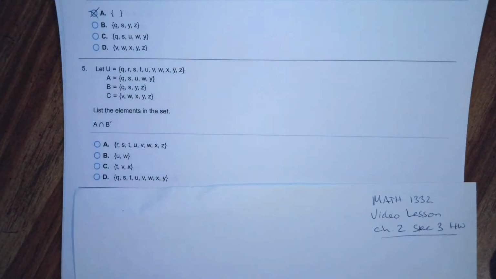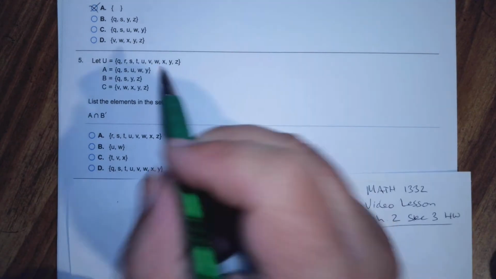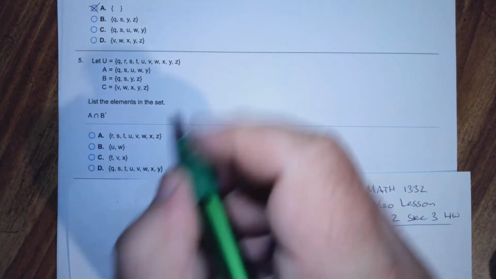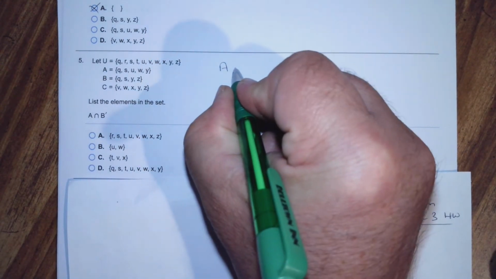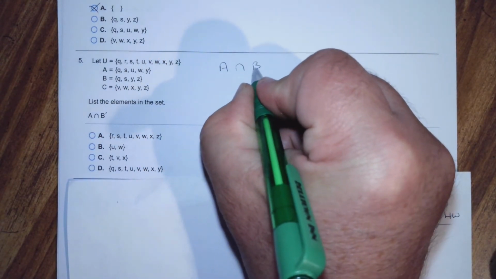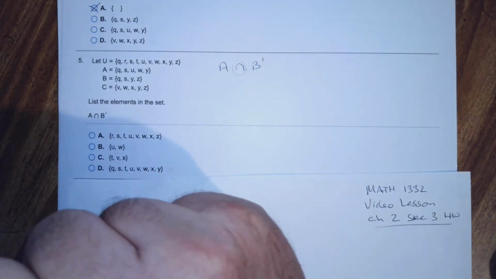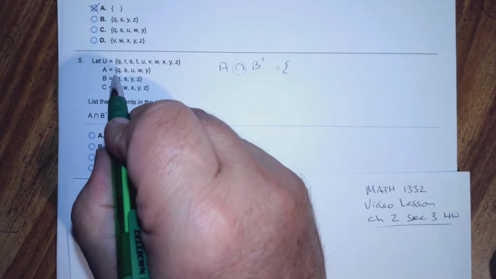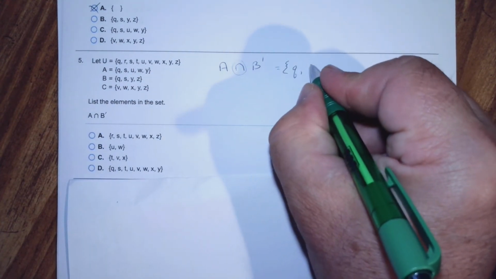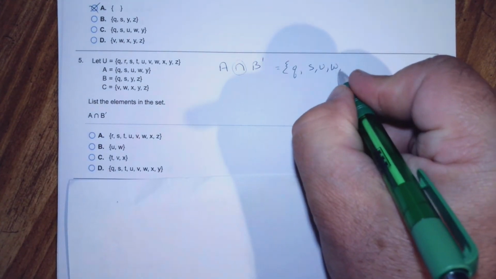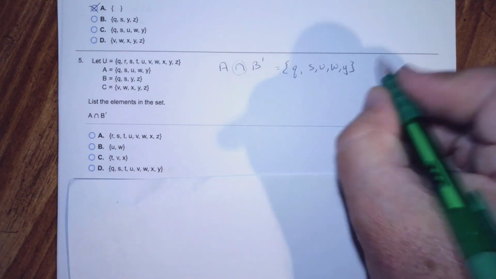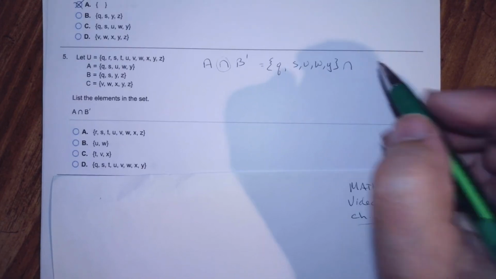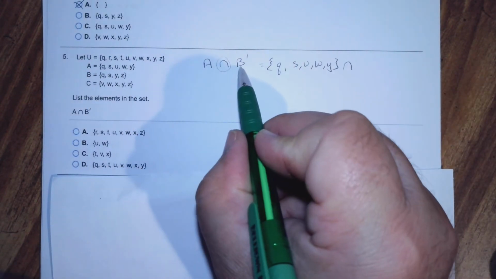Number 5. Same sets, universe, A and B. List the elements. What this symbol means is only list what they have in common. So A is the set Q, S, U, W, Y. Intersect B complement.